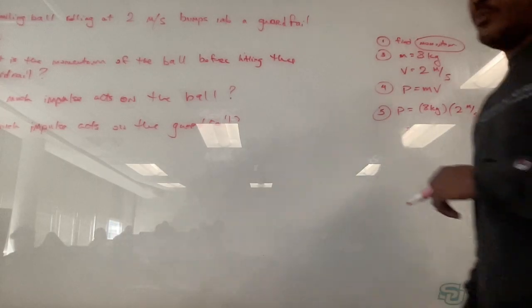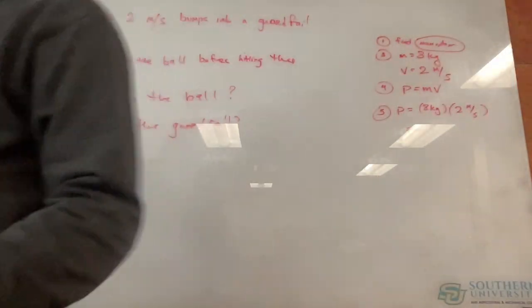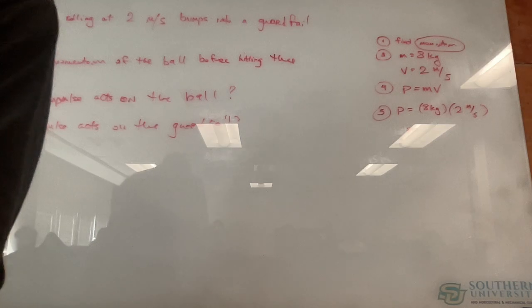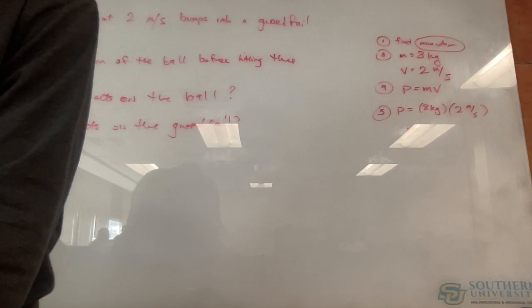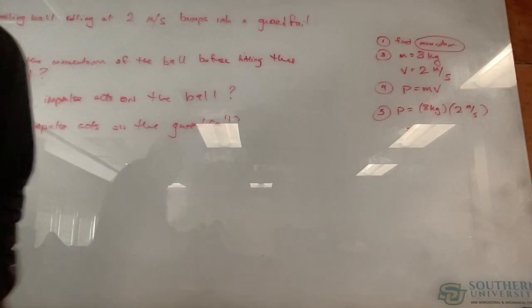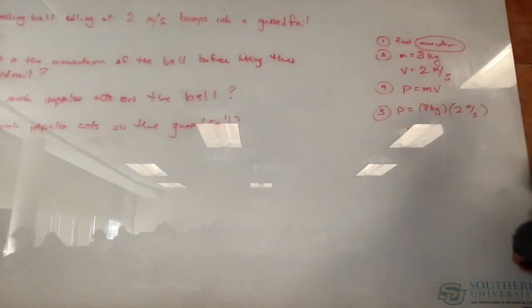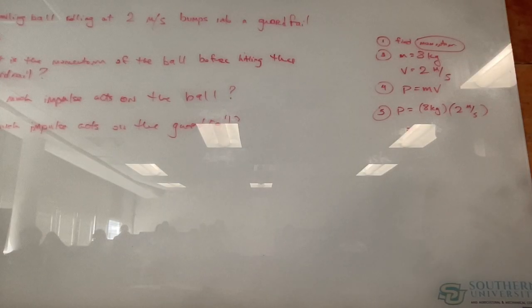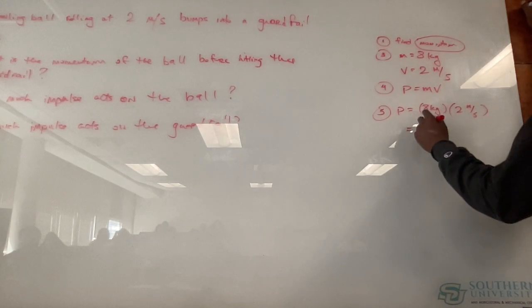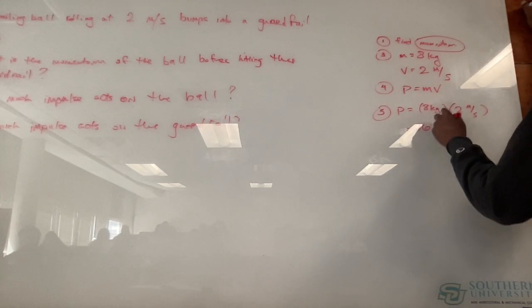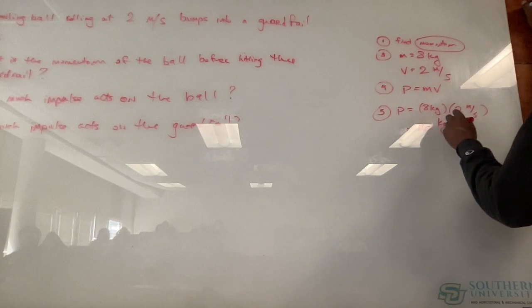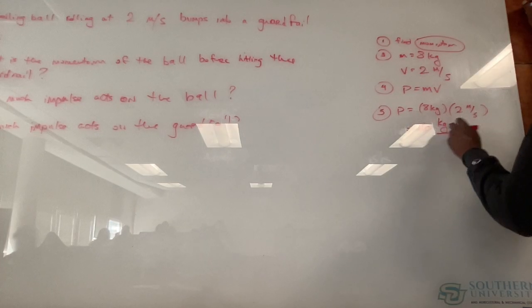Momentum is a unit of energy, right? Or I guess it's a unit of force, right? Well, no, not force. It's got to be energy, right? Because this is going to be kilogram. It's going to give you 16 what? Kilogram times meter over seconds.